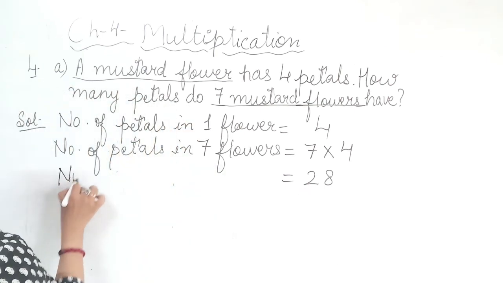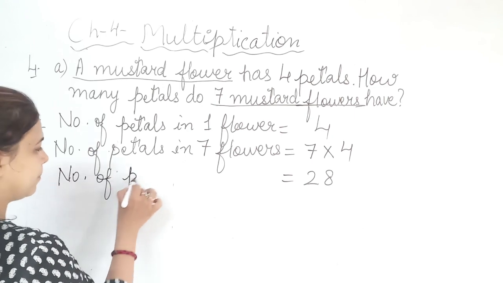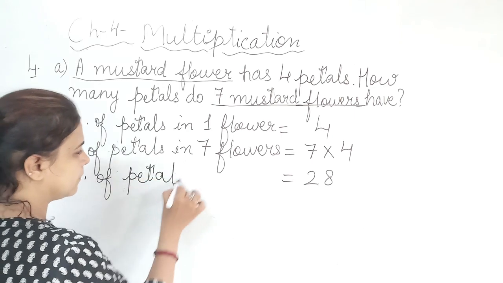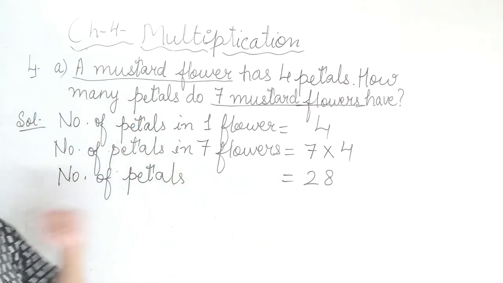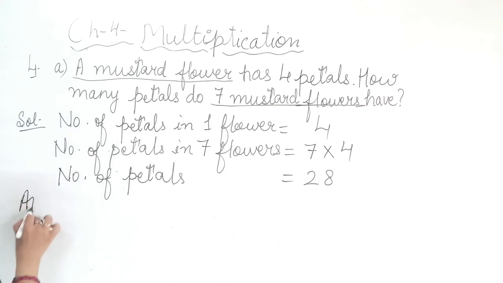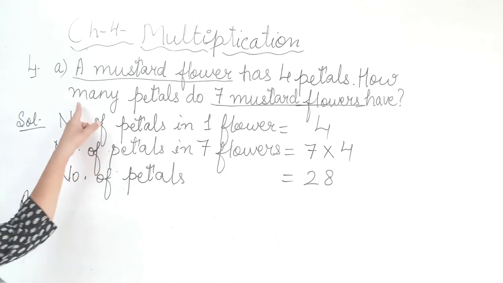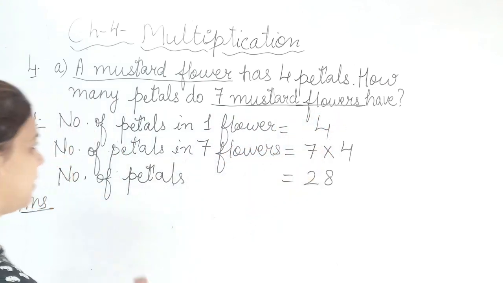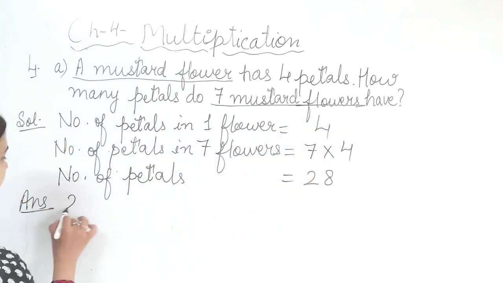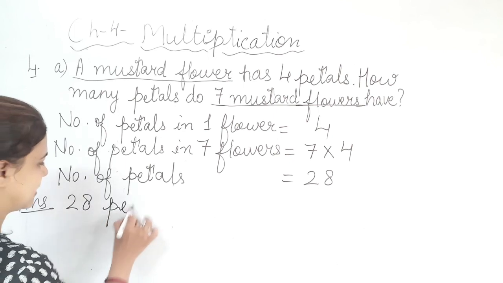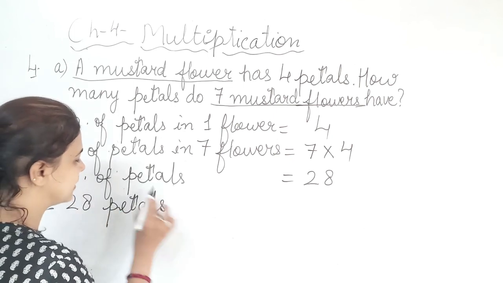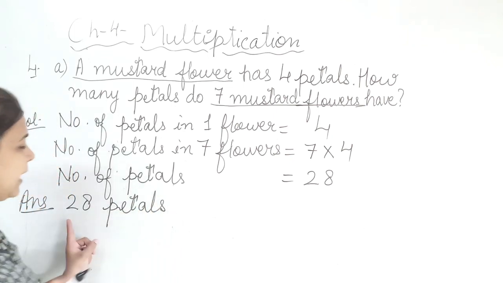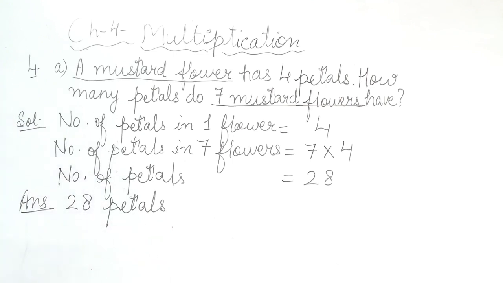So I will write number of petals is equal to 28, and last we will write down the answer. How many petals do 7 flowers have? So I will write down 28 petals. How will I write down the answer? I will write only like this, 28 petals.